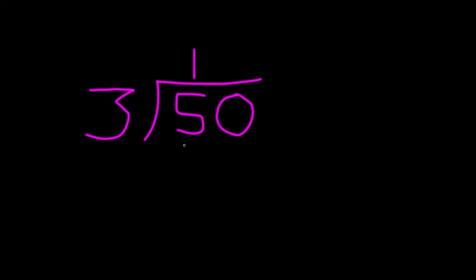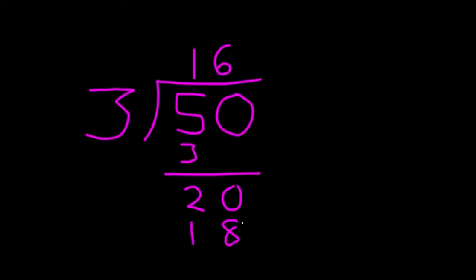That gives us 3 down here, and 5 minus 3, that gives us 2, and we bring down the 0 to get 20 now, right? And then 3 goes into 20 6 times, and that gives us 18. And 20 minus 18 gives us 2 down here.